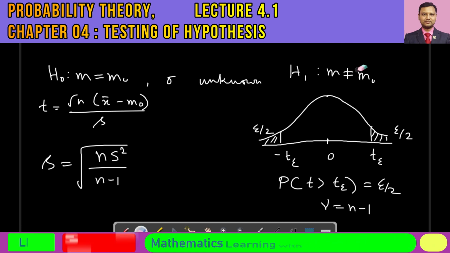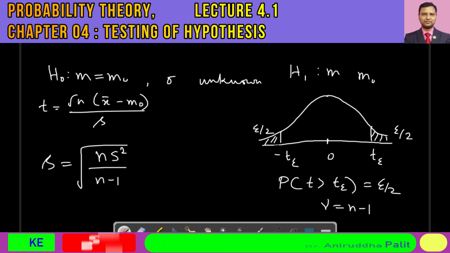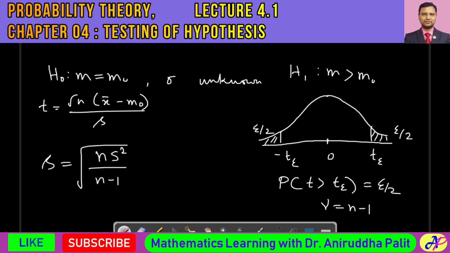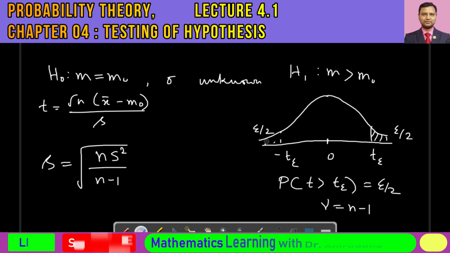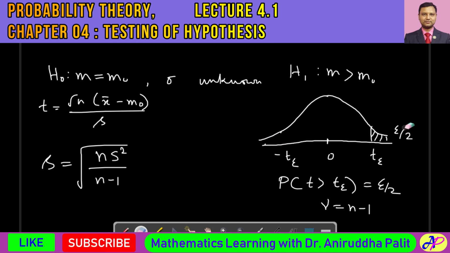However, if this alternative hypothesis is written in this fashion, that m greater than m0, in that case, this type of critical region would not appear. The entire critical region will appear on the right hand side, and only in that case we shall have this type of epsilon.